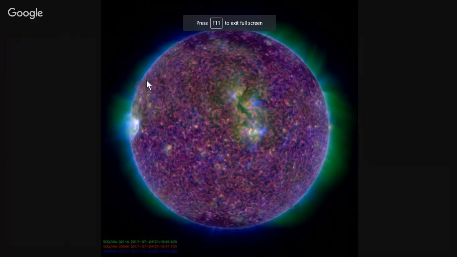But there's no video to this. All you get are a few still photographs, and then you click on a few of the little icons, and they show you the magnetic field lines on the sun and blah blah blah. But you never get this. You never get this in a 48-hour loop. Why is that?